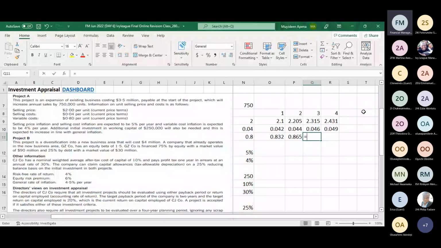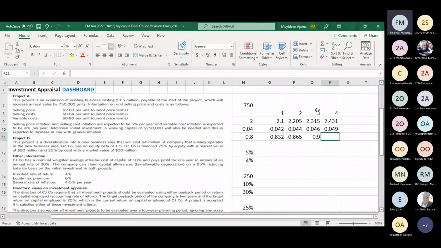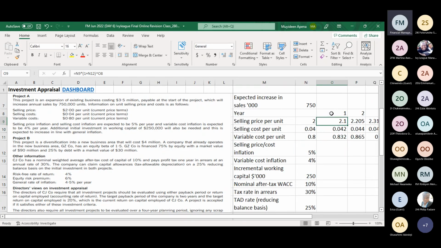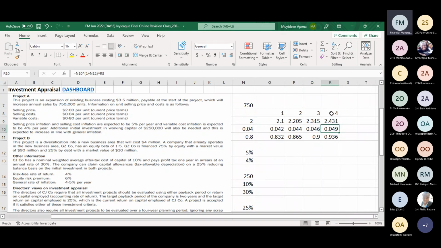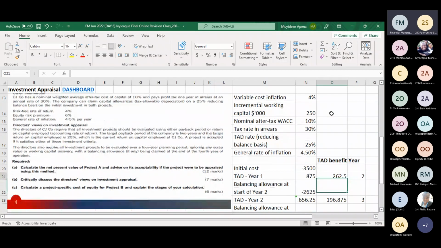For year 3, 80 cents times 1 plus 4% raised to power 3. And for year 4, 80 cents times 1 plus 4% raised to power 4. So go ahead, your marks for all of these calculations are straight, without wasting time. So what else do you need to calculate?